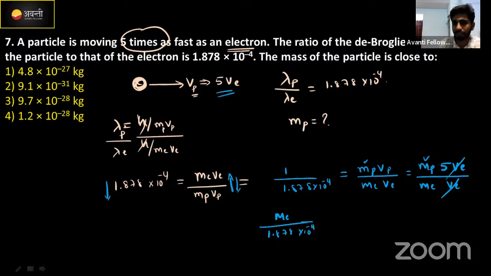I'm going to take into left hand side, into 5 will become denominator, is equal to mass of that particle आ गया. देखो इधर mass of electron कितना है, substitute कर लो इसको. देखो क्या आ गया था इक्वेशन, mass of electron divided by 1.878 into 10 to the power of -4 into 5. That's it.